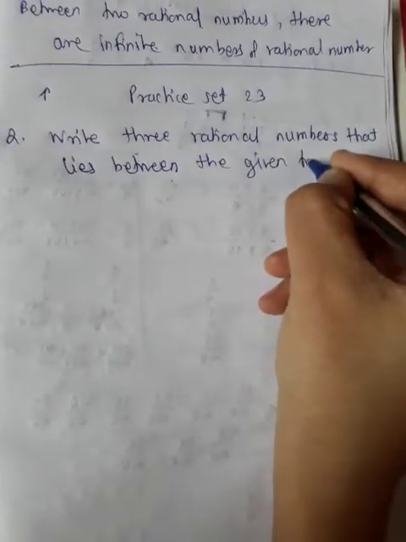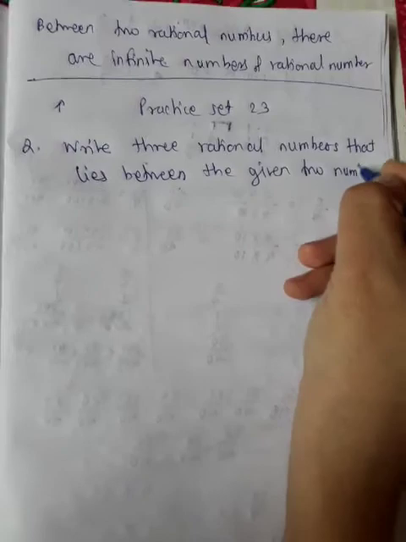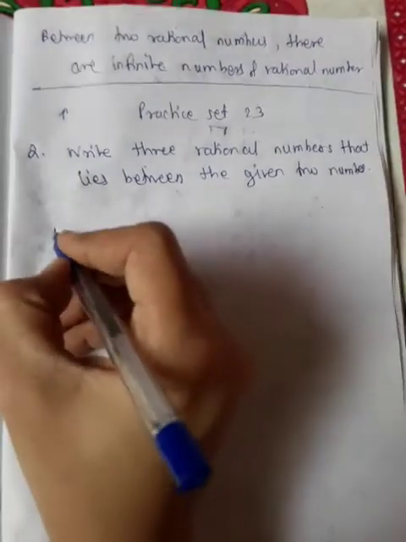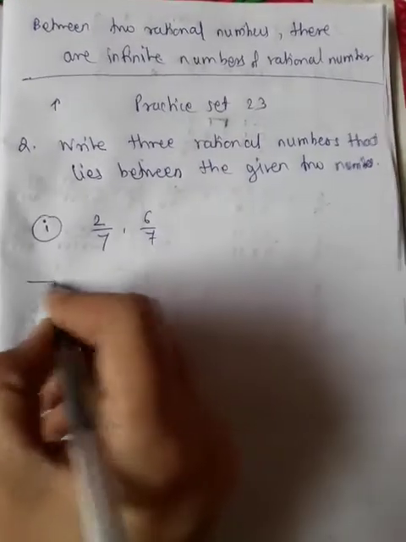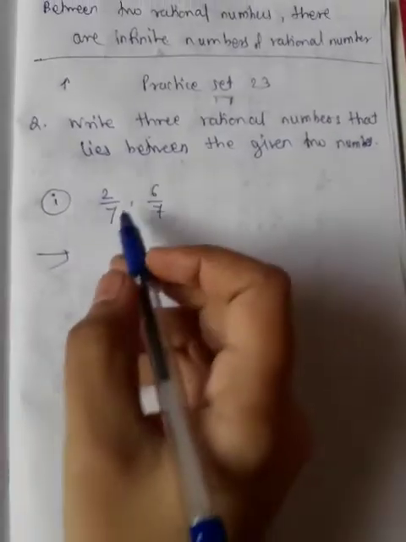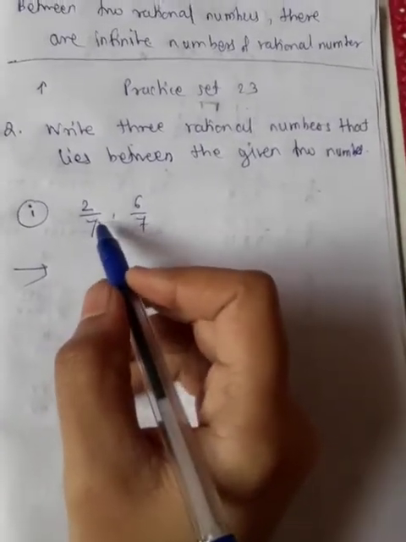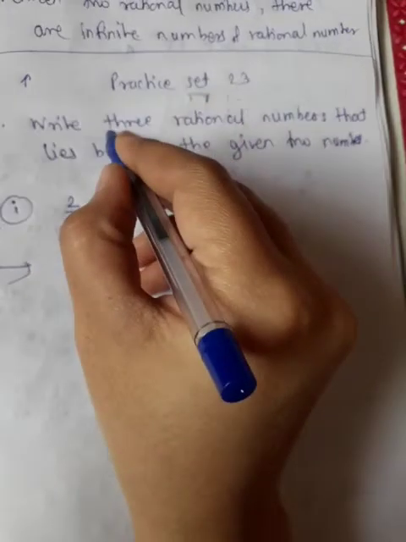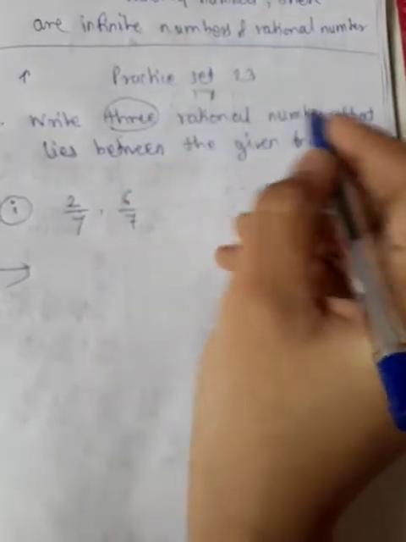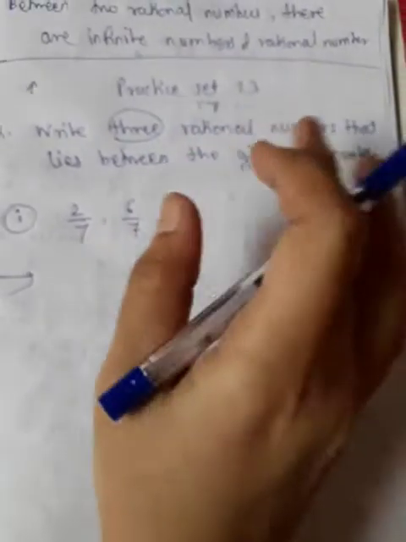See here, this is our question. The first example is 2/7 and 6/7. We have to find rational numbers between these two, but only three of them. Here we have to find three rational numbers between these two rational numbers.